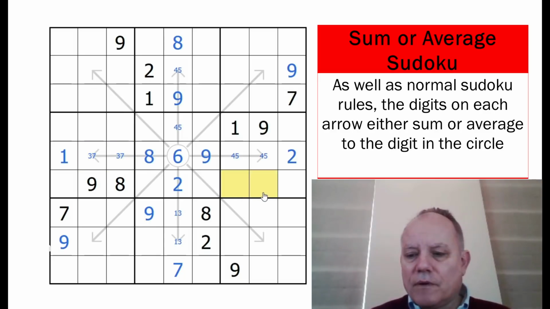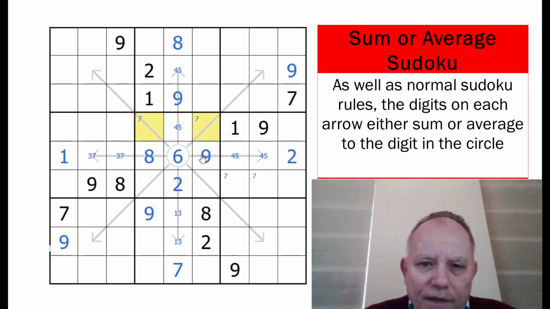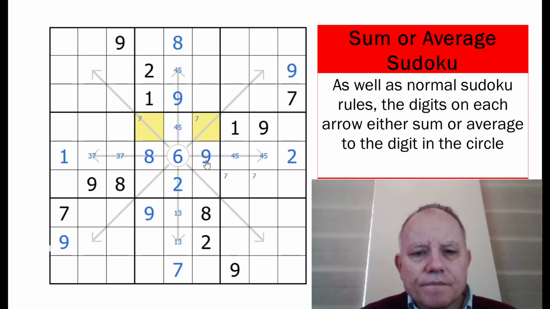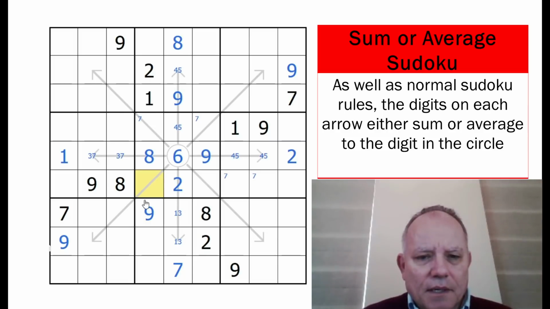Right, the 7 in this box must be in one of those. Now, what can we do next? Maybe we're going to have to move on to the diagonal arrows. Can we rule out 3, 2, 1s for the possibility of these diagonal arrows being sums?